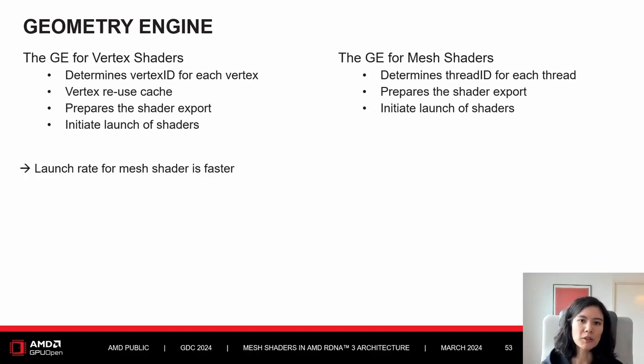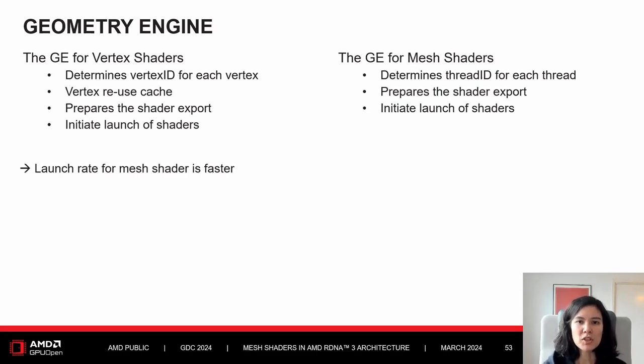So I talked about what the geometry shader is not doing for mesh shaders. Now let's talk about what the geometry engine is actually doing for mesh shaders. It does determine the thread ID for each thread, which is the equivalent of determining the vertex ID for each vertex.